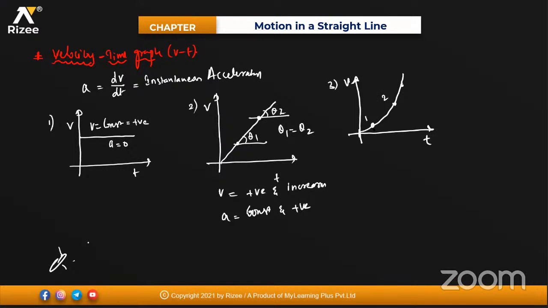So here if I'm drawing a tangent, and here if I'm drawing a tangent, what is happening to theta, beta? This is theta 1 and this one is theta 2. Obviously theta 2 is greater than theta 1. So acceleration at 2 will be greater than acceleration at 1. So obviously acceleration is what for me? Positive, and it is also increasing. Slope is increasing. Velocity is also positive and it is increasing. Clear?